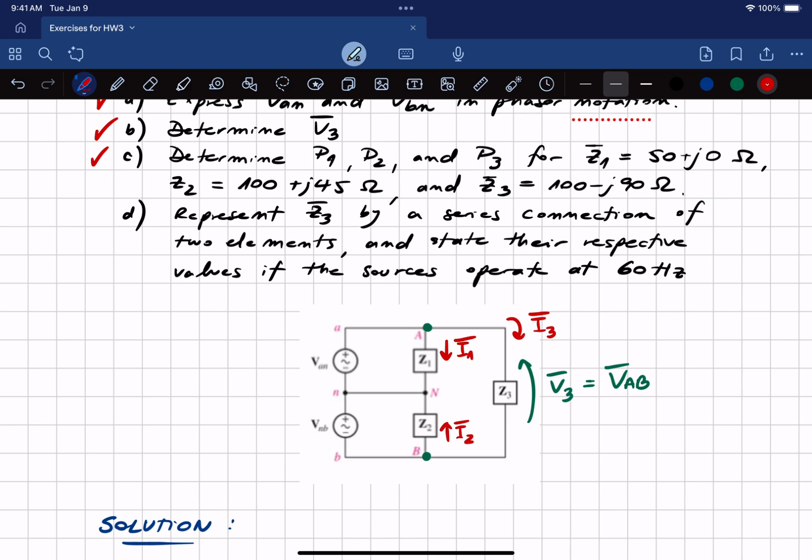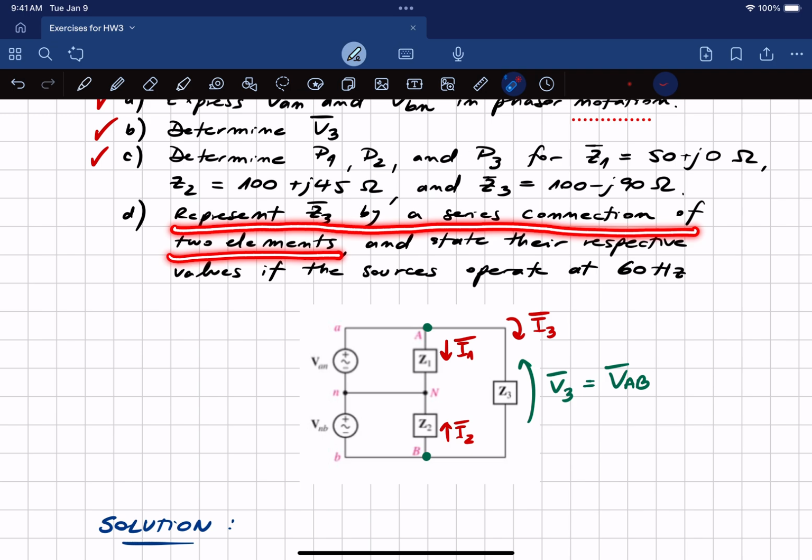And finally, we need to solve part 2. Part D, represent Z3 by a series connection of two elements. Okay, sounds kind of like the lab activity. So in the lab activity, you don't have a series connection for part 2, right? You have a parallel connection.